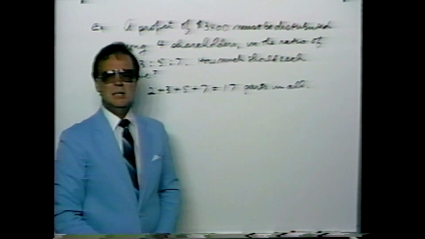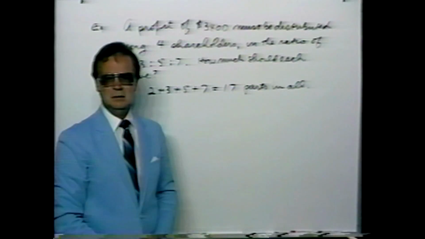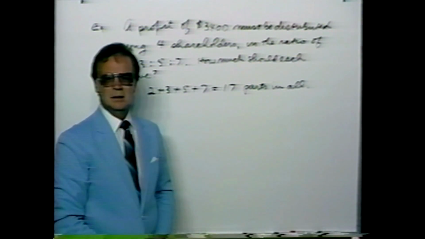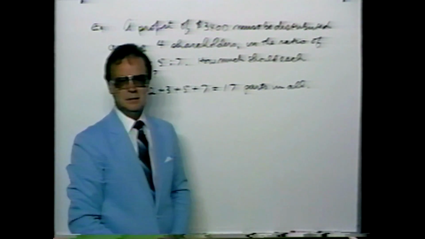Each person gets his share in the ratio of 2 over 17, 3 over 17, 5 over 17, and 7 over 17.